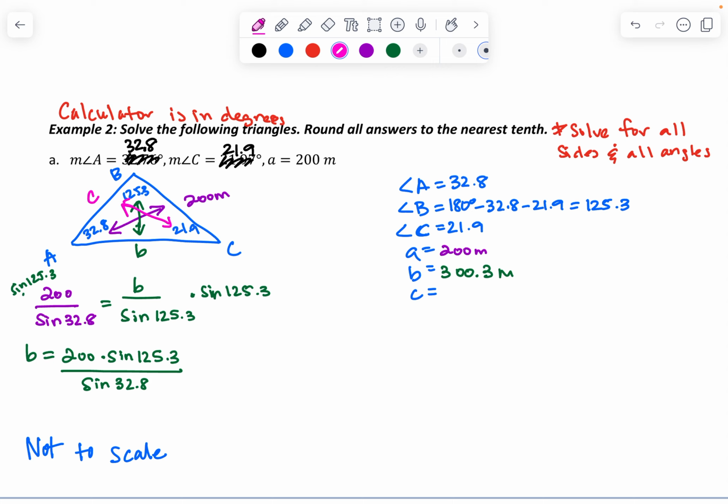Now I need to solve for side C. I could use the information I did for B, but I'm going to go back and just use what I used for A. So I have 200 over the sine of 32.8 is equal to side C over the sine of C, which is 21.9. Because we're trying to clear this denominator, we're going to move it over here and multiply.